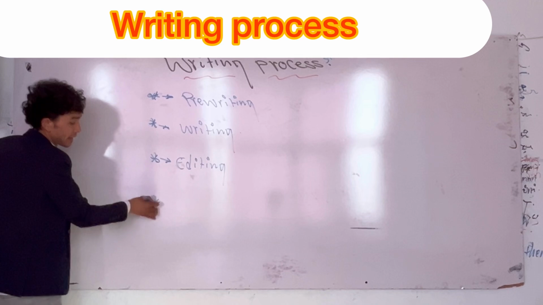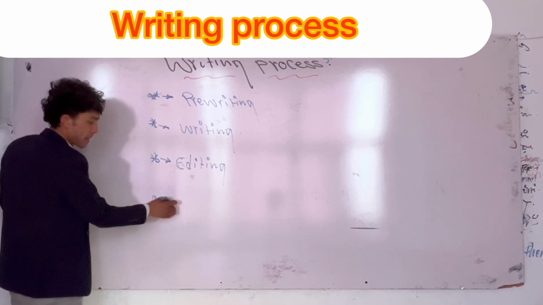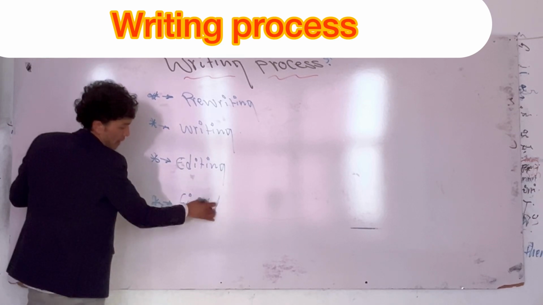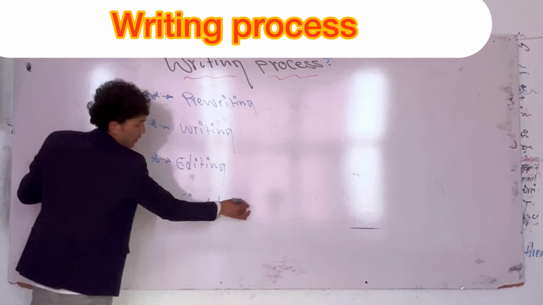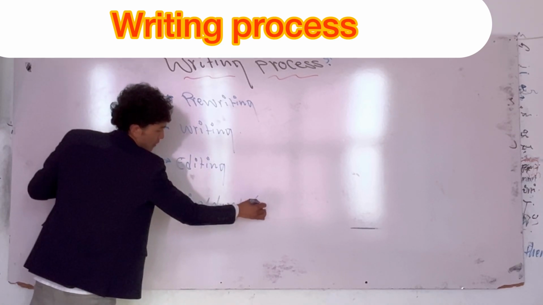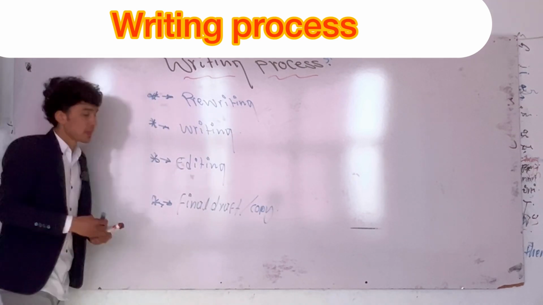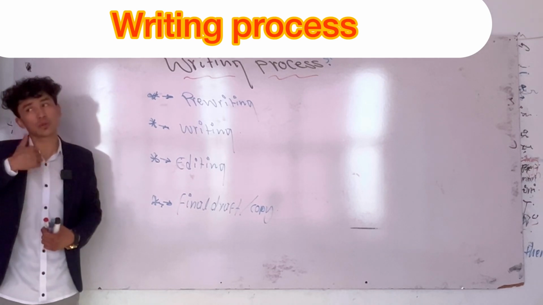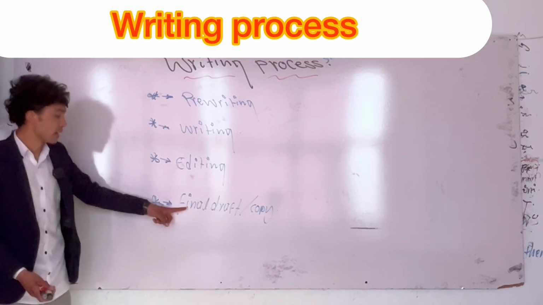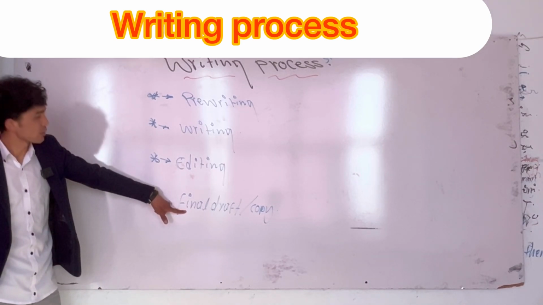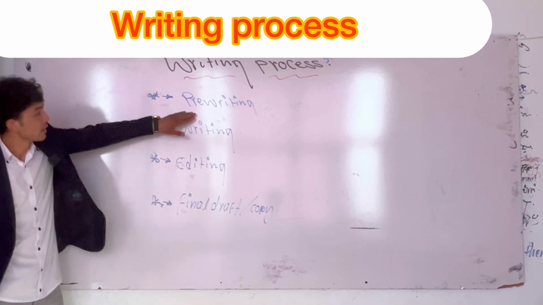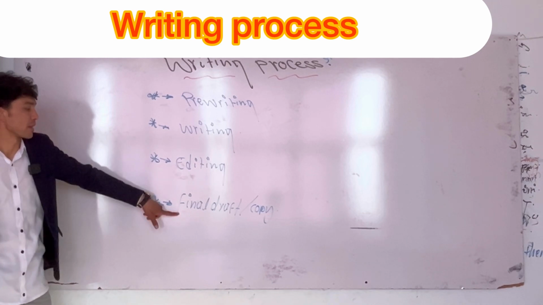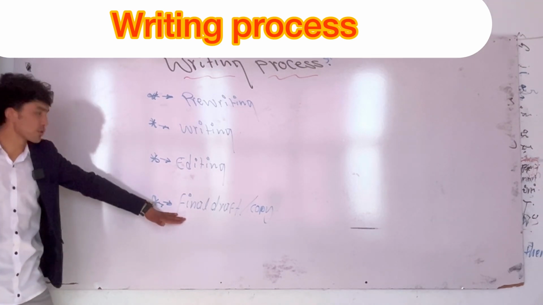And the last step is the final draft, or final copy. The final copy is the clean paragraph which should be handed in to your teacher after you are done. Here is the destination or the target you're going to get. You take the first step, the second, the third, and this step, and finally you will achieve what you want.